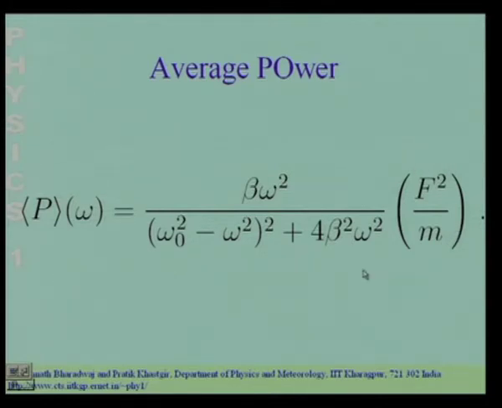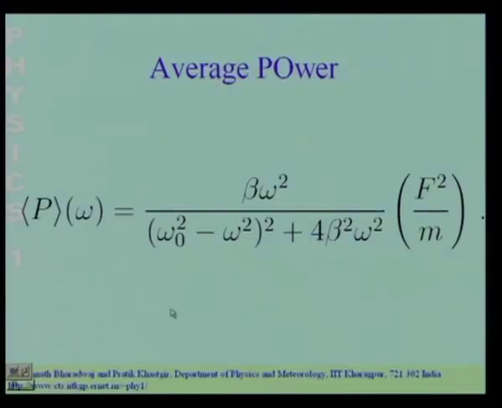This expression is a very important expression. Such an expression appears in a large variety of situations in physics. This expression is called a Lorentzian profile. So, such a function of angular frequency is called a Lorentzian profile, and in this case it tells you the power that is transmitted to the oscillator. Such a thing occurs in a large variety of situations, and we shall discuss this in more detail in the next lecture.